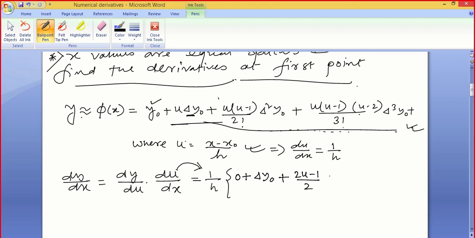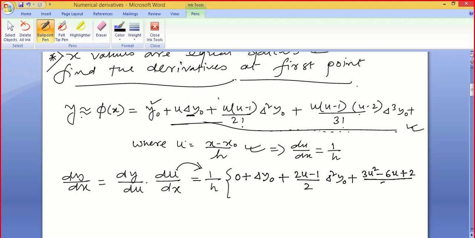Very good. Del square y0. Next term, what will be this derivative with respect to u? u cube means 3u square, minus 3u square means 6u plus 2, by 6.